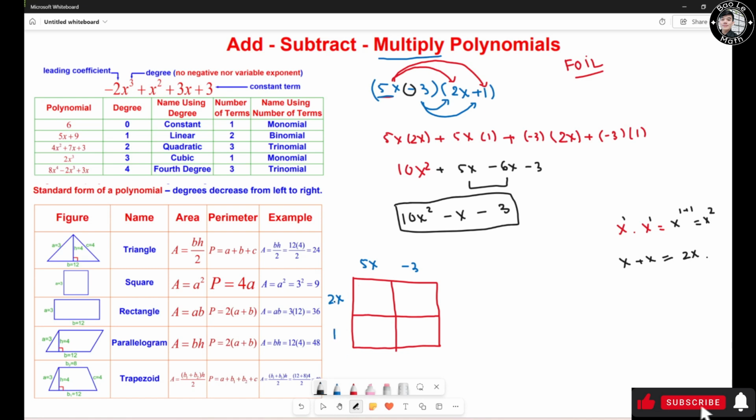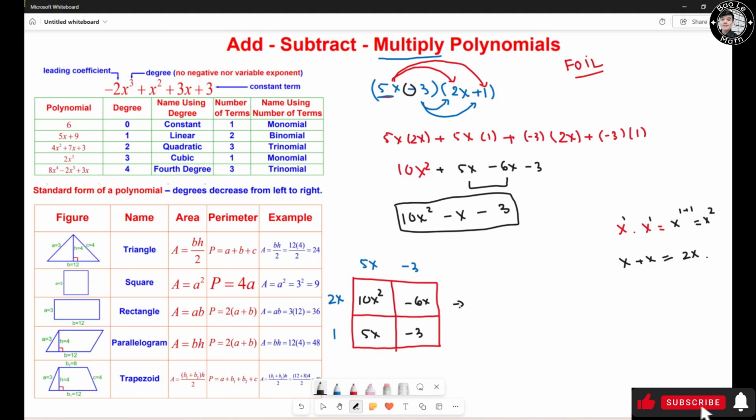Okay, so I see that 2s times 5s is going to be 10s squared, right? 2s times negative 3 is going to be negative 6s. 1 times 5s is going to be 5s. 1 times negative 3 is going to be negative 3, right? Now I just combine like terms inside the box right here.